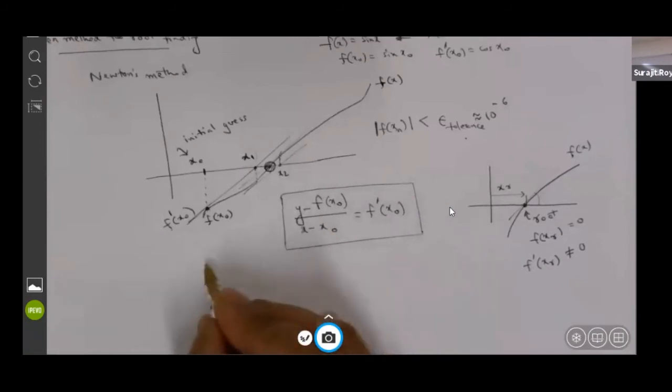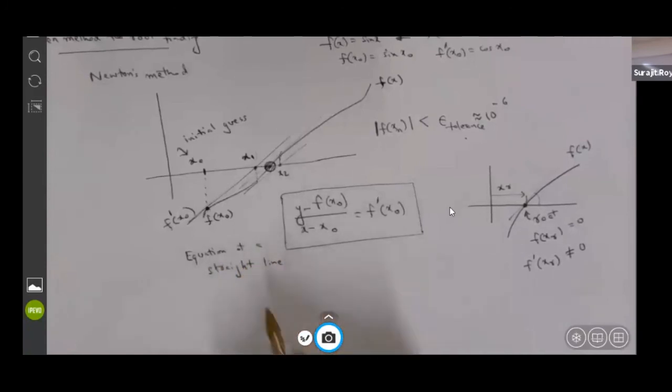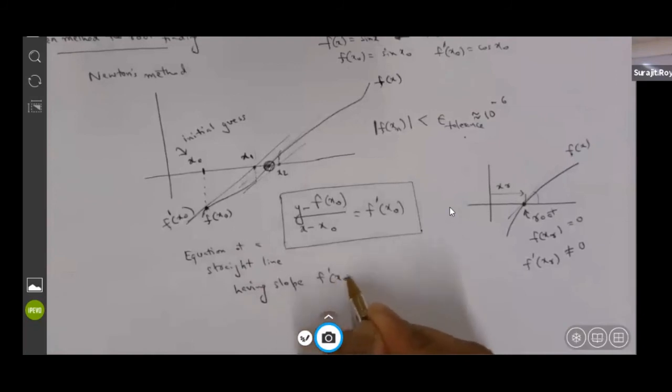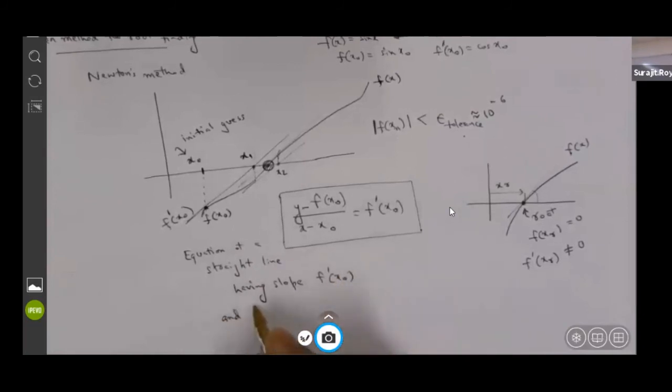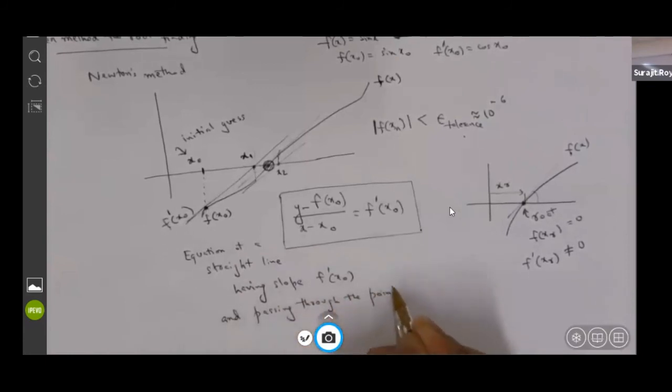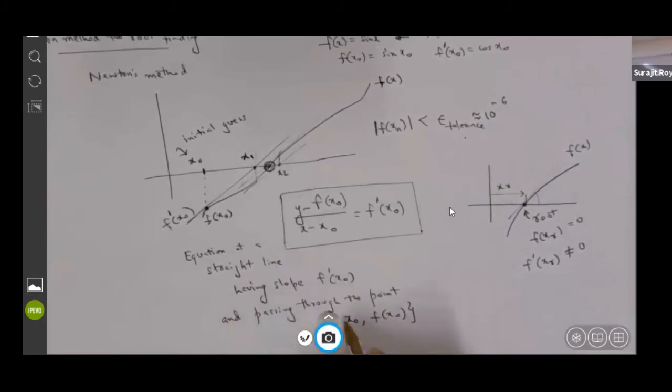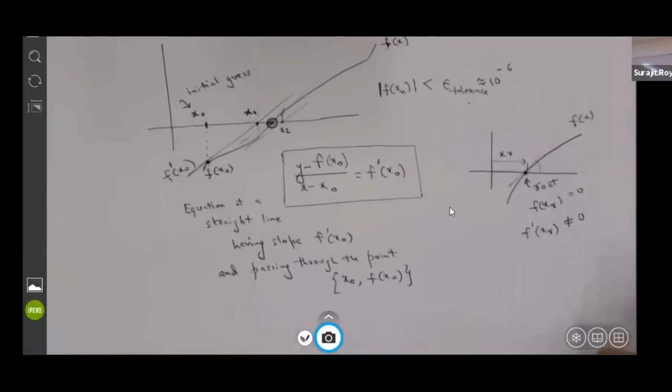This is basically an equation of a straight line having slope f prime x naught and passing through the point x naught and f of x naught. Now, is that making some sense?